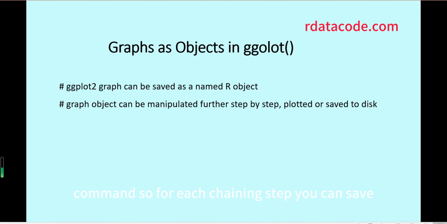For each chaining step you can save an object. Sometimes you can save, for example, two steps with the function as an object. Then you can use this object to chain further with another function, step by step. You can also save to a disk.